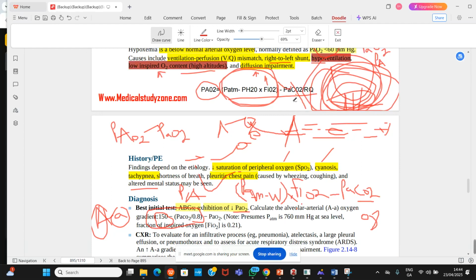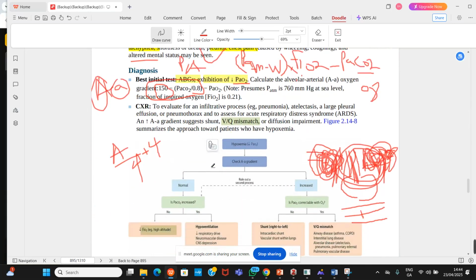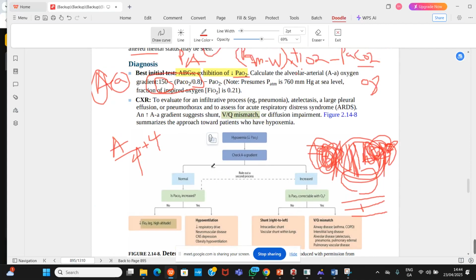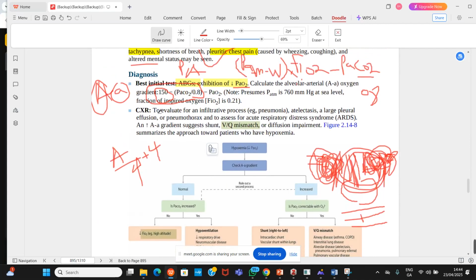This value here, PaCO2 over respiratory quotient, is a constant 0.8. Do you get it? Hello? Okay. Yes. I think she's raising her hand. Yeah, okay, that's fine.